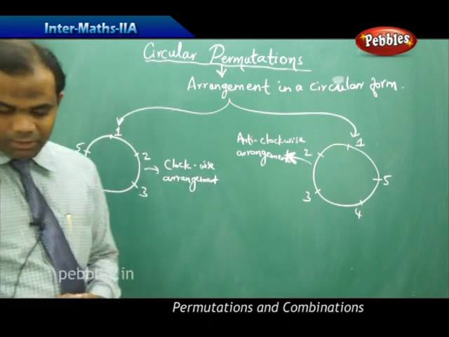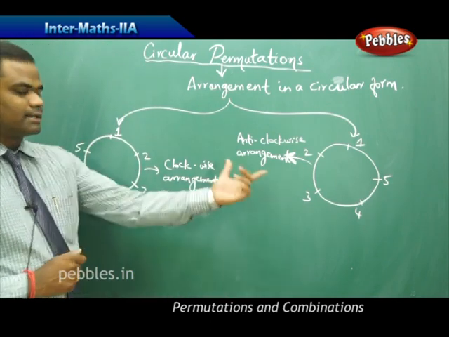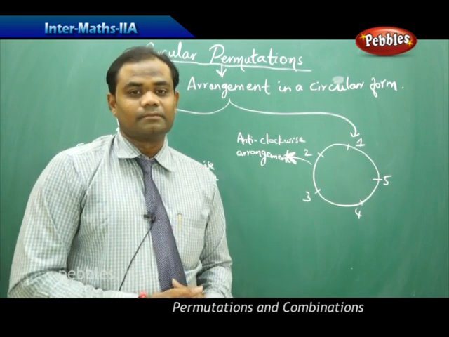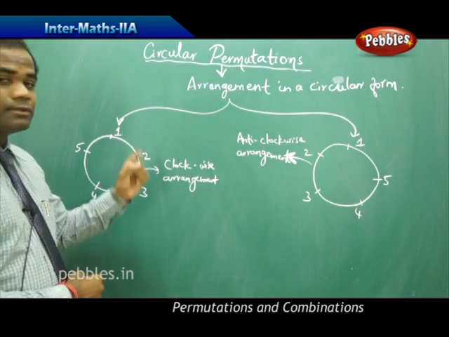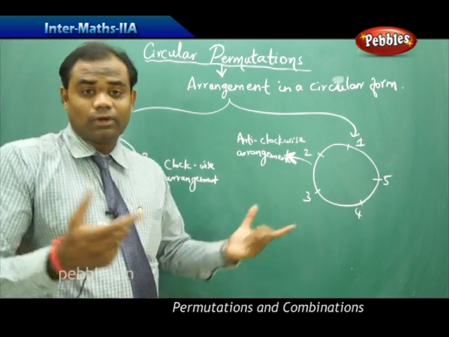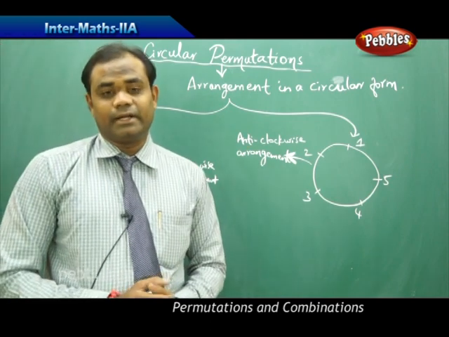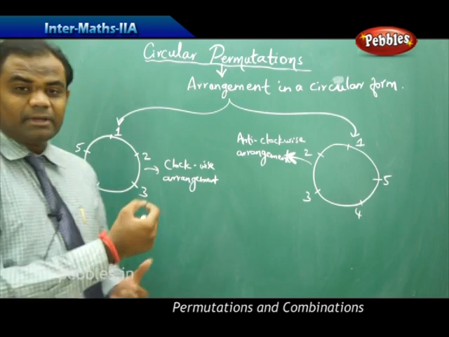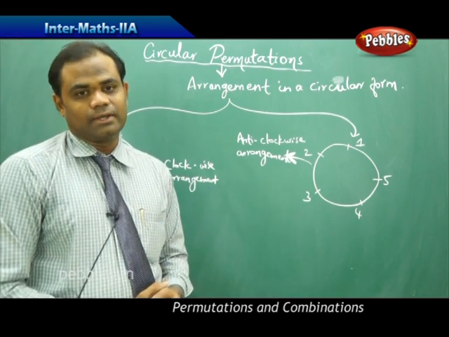Now, here comes the question: what is the need for taking this and this? This we will come across when we do many problems and identify whether we really require a case where we can arrange the persons or the beads or whatever is the situation in a clockwise or an anti-clockwise direction. Because when I put the beads in a necklace, it doesn't matter whether I put them clockwise or anti-clockwise.